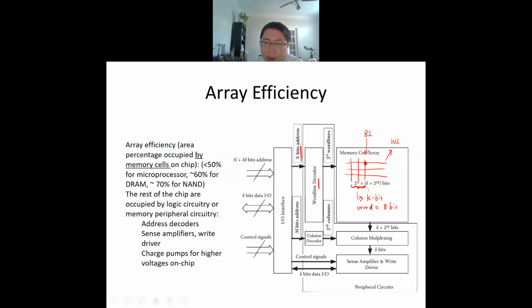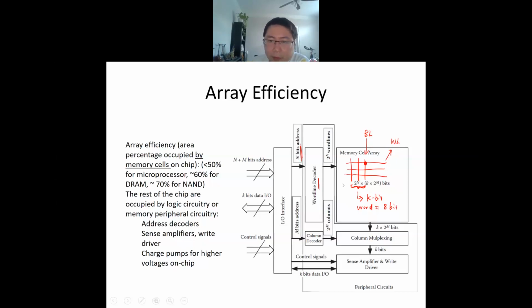So the capacity of this memory cell array will be 2 to the power n times k times 2 to the power m. So this is the capacity of the memory array. Any questions here?